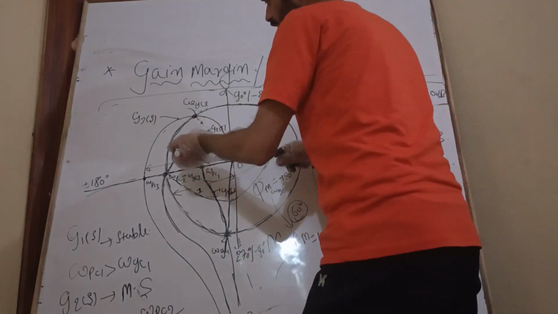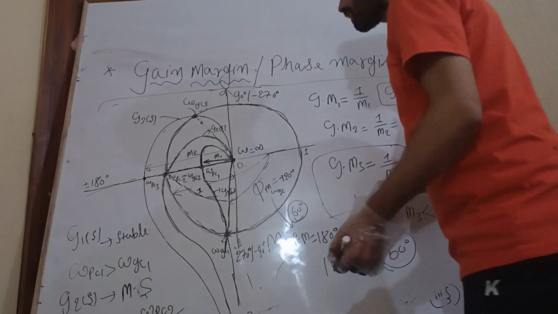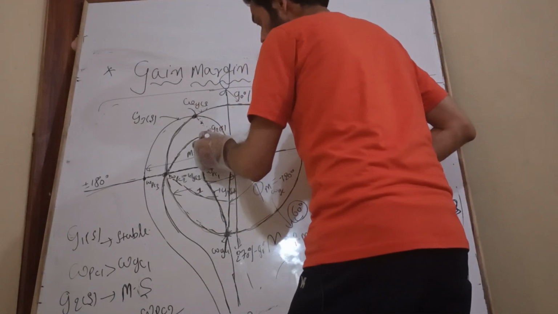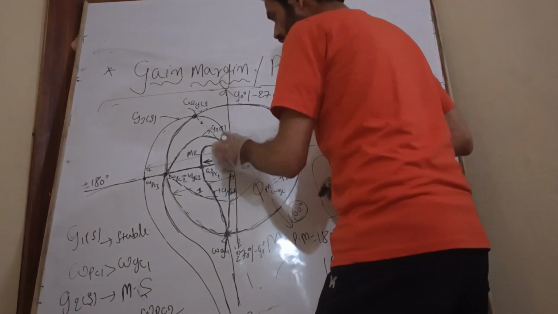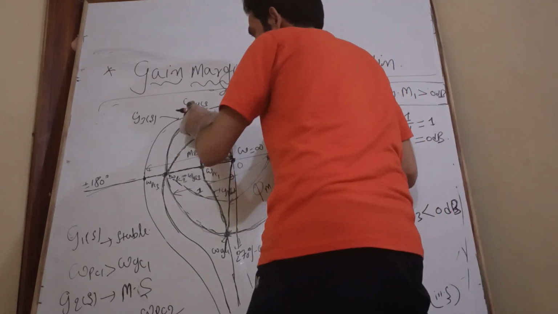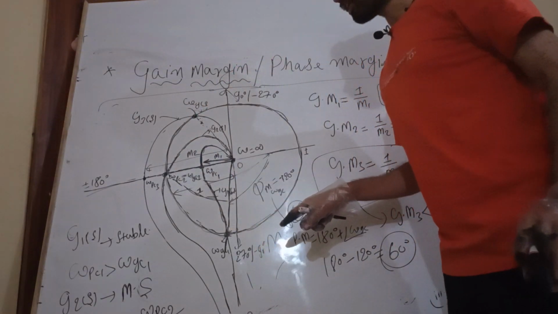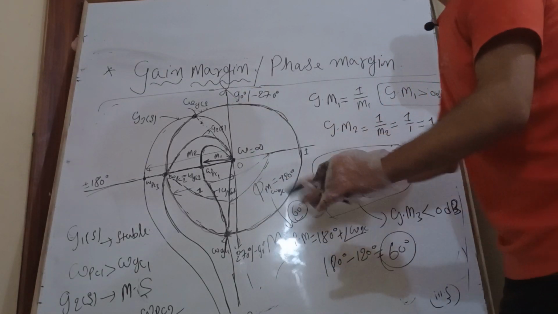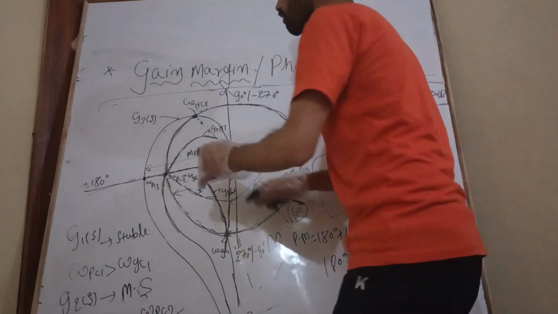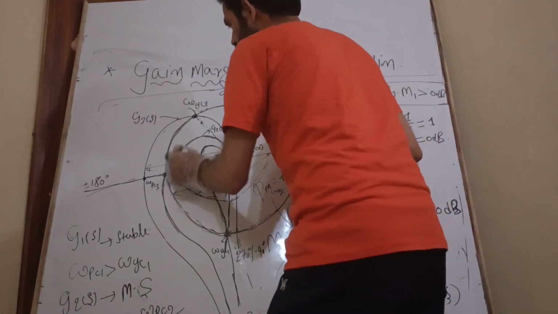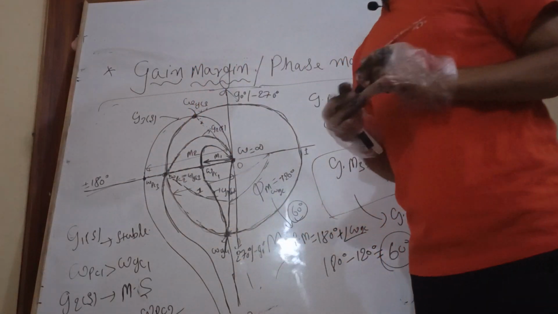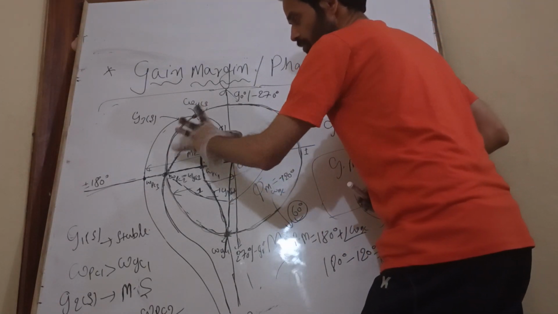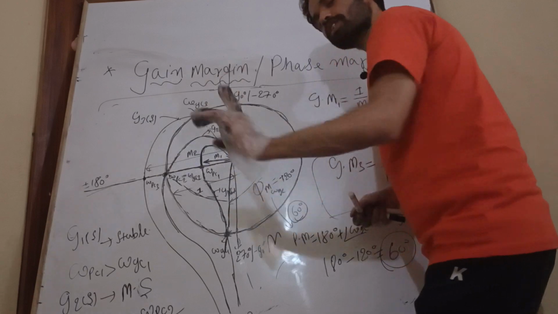So what is phase margin? Phase margin is 180 degree plus the angle at omega gc, but this angle at omega gc is greater than 180 degree in magnitude, and definitely here the phase margin is coming negative. Phase margin coming negative means this system is unstable.